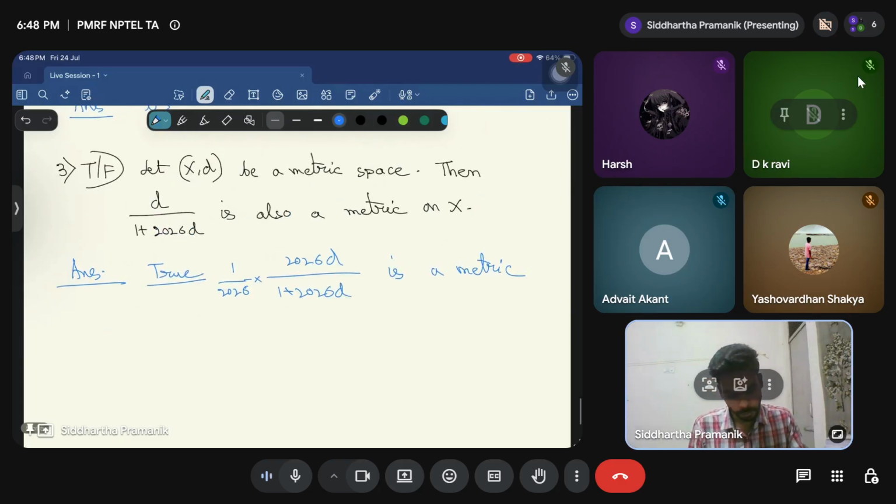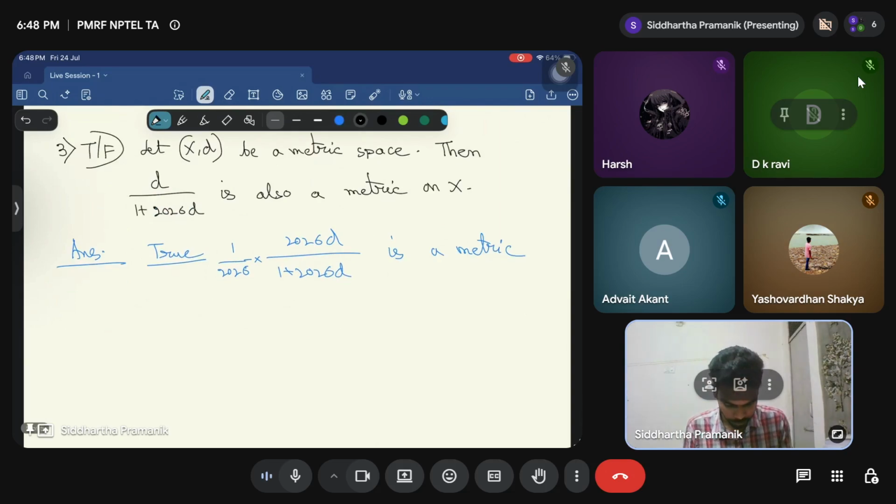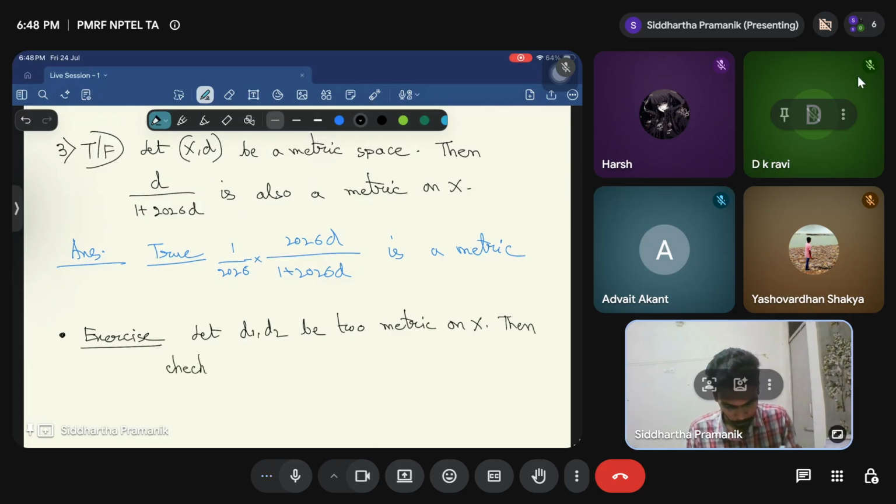So let me give you one more exercise for you. Maybe you can try it later, that I'm not going to do now. So let D1 and D2 be two metrics on X. Then check whether D1 over 1 plus D2 is a metric on X or not.